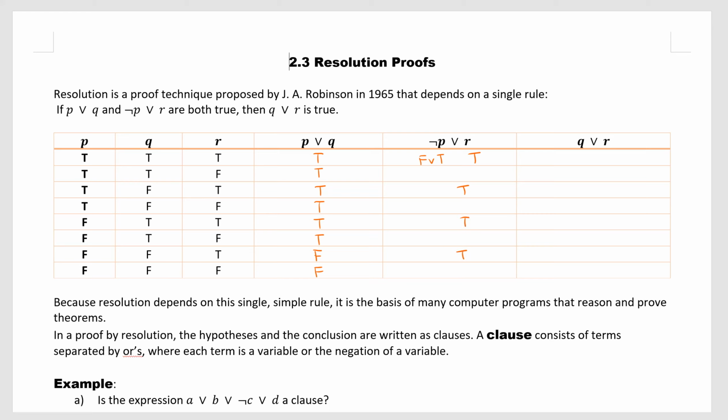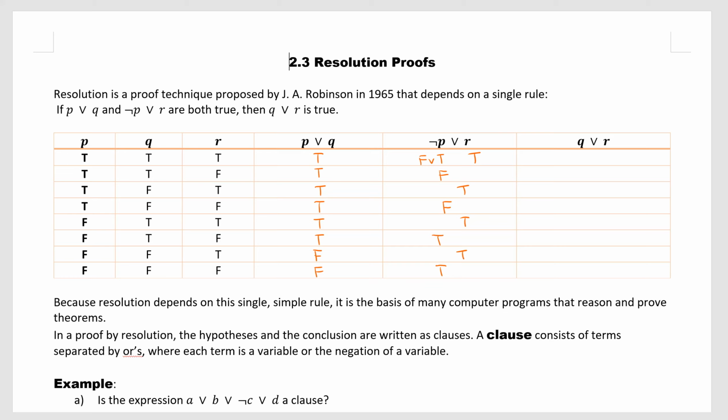And then you also see this is true when not P is true. Well, not P is true when P is false, and that is right here. So we get this as well. And for the remaining, we get false or false, which of course is false. So that's why you have this.